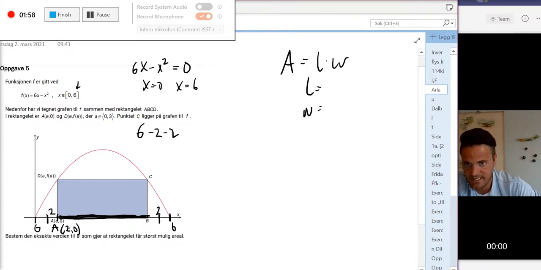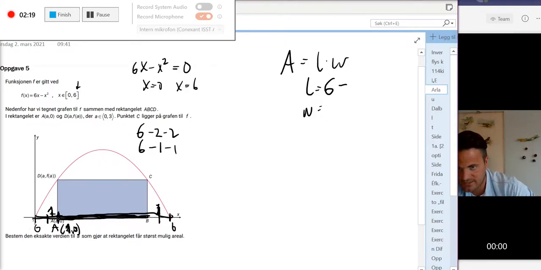If a is 1, 0, then this side will be 1, so this will be 6 minus 1 minus 1. So to find the length here, you take 6 but subtract the x coordinate of a 2 times. The x coordinate of a is small a here. So it's 6 minus 2a. If a is 1, it's 6 minus 2 times 1.